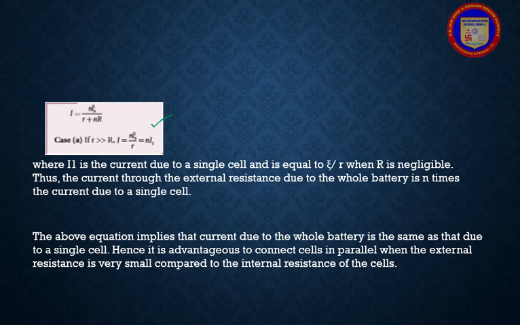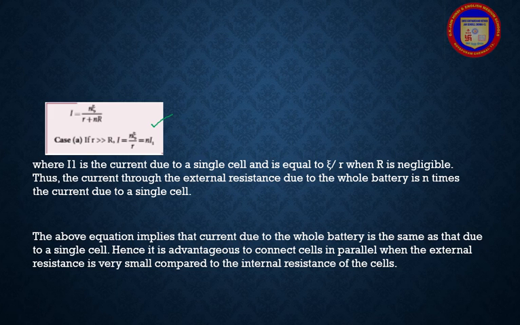Next is case A. If the internal resistance r is very much greater than R, I = nε/r, which is equal to nI1, where I1 is the current due to a single cell and it is equal to ε/r, where R is negligible. Thus, the current through the external resistance due to the whole battery is n times the current due to a single cell.